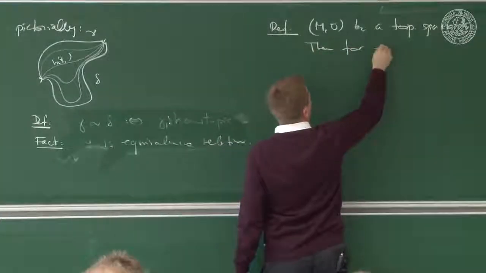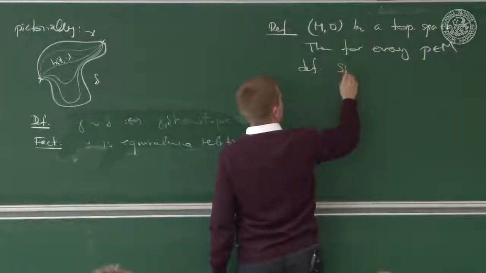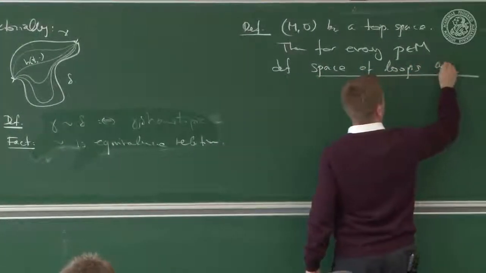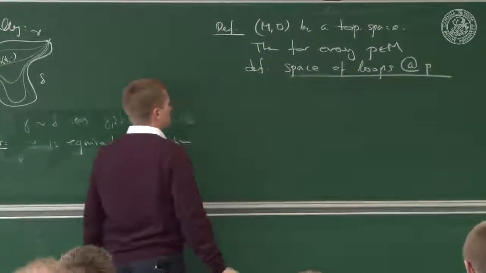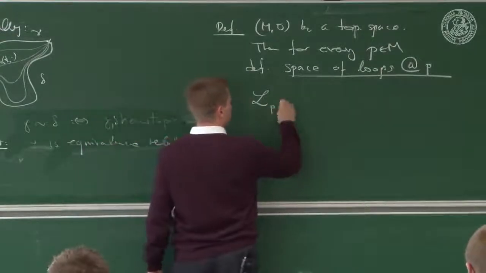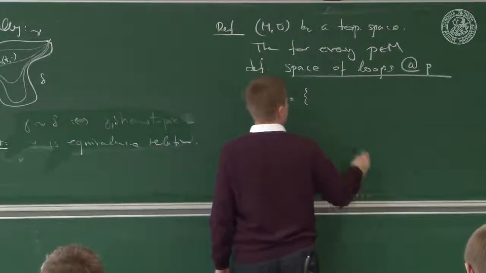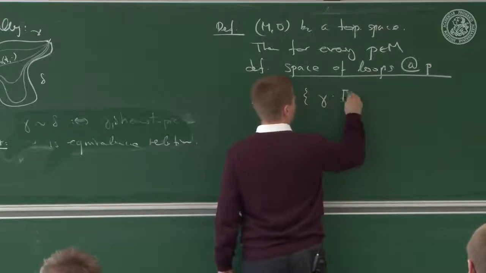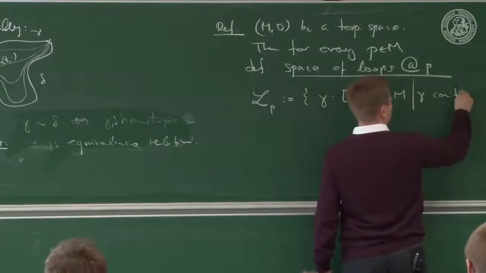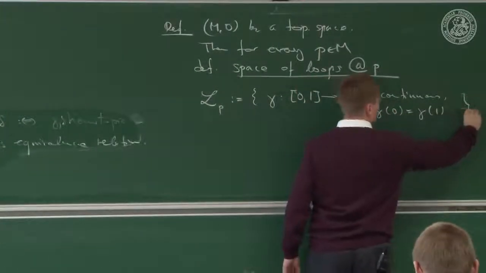Then for every P in M, we define the space of loops at the point P, call this curly L, the loops at the point P, as all the continuous curves gamma from 0 to 1 into M, where also the starting point coincides with the end point.